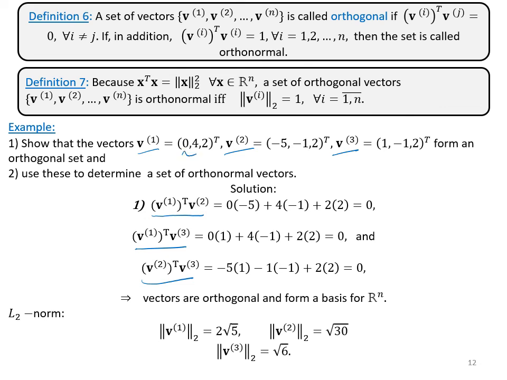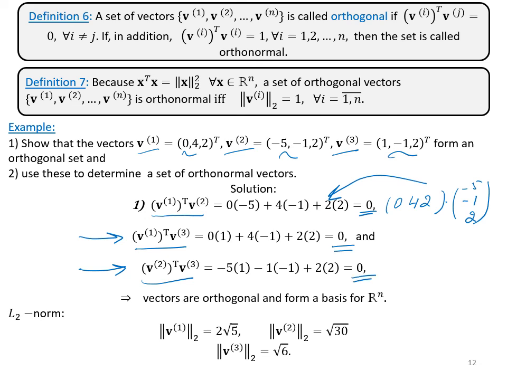So we have components for every vector, which means that we can write down this product and compute it for the first line, and we can show that it equals 0. If we perform the same calculations for the second and third line, we also can show that this product equals 0. So the vectors are orthogonal and form a basis for Rn.